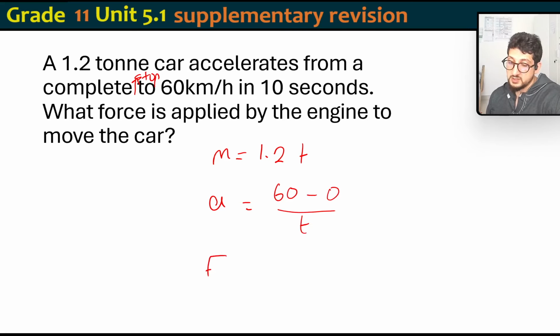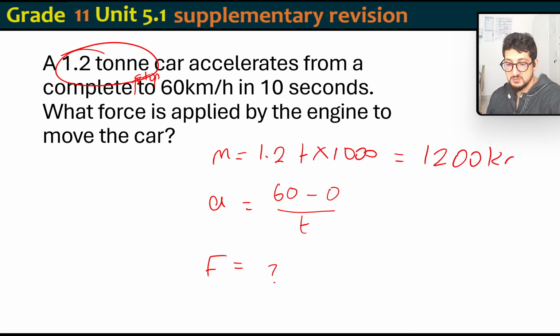And we can work out the force by the engine. Just a couple of steps before we do that, because we need to change 1.2 tons to kilograms. A ton is 1,000 kilograms, so 1.2 tons times 1,000 equals 1,200 kilograms. So that's one thing out of the way.